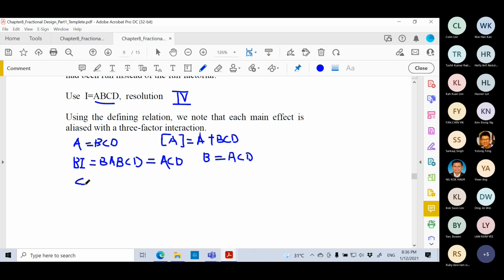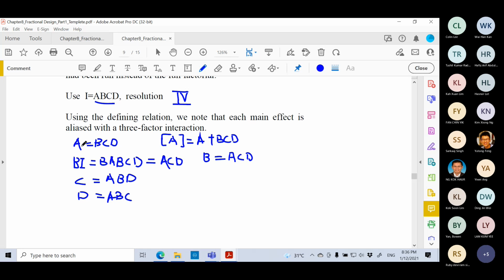Of course, you can list down that C will be equal to ABD. Then you have D; you multiply D and you get ABC.